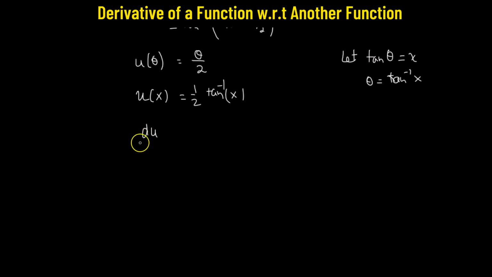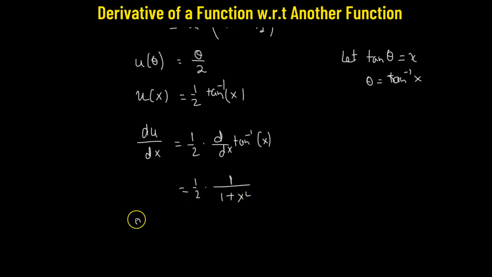So the derivative of u with respect to x simply equals half times the derivative with respect to x of the inverse tangent function. The derivative of the inverse tangent function is 1 over 1 plus x squared. So we get the derivative of u with respect to x equal to 1 divided by 2 times (1 plus x squared).